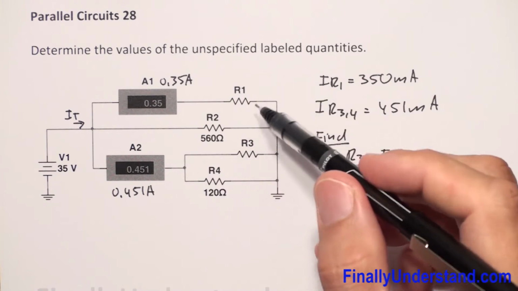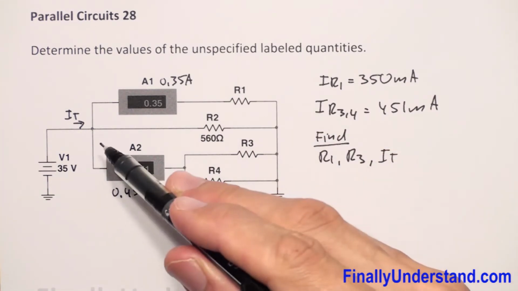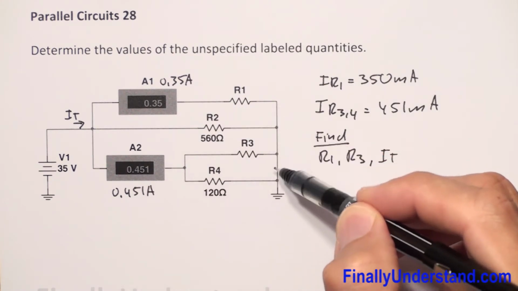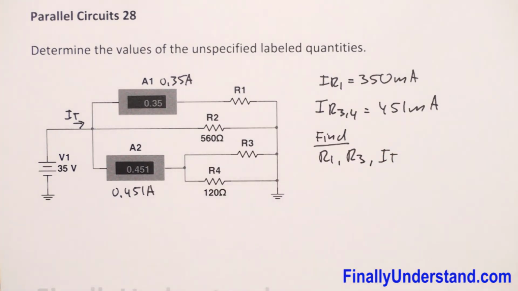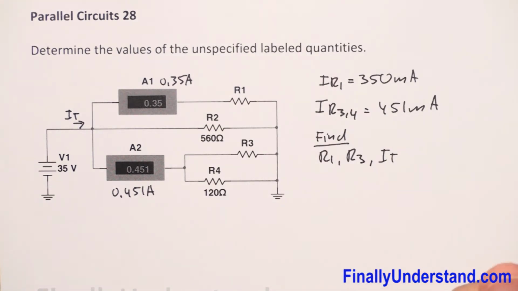So it makes these resistors connected in parallel. The total current splits into four currents and comes back on the other end to the voltage source.